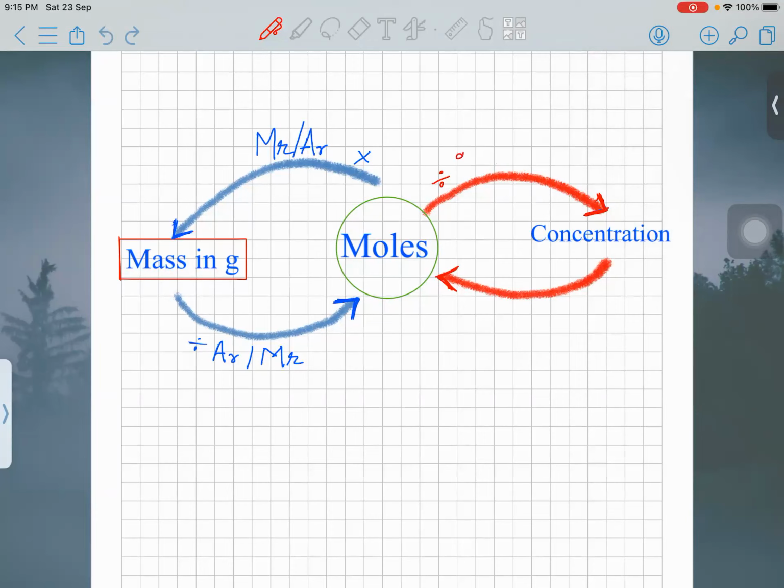Divided by given volume, multiply by 1000. So when you divide moles by volume and then multiply by 1000, the concentration will be in mole per dm cube.